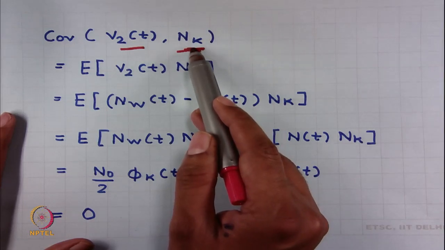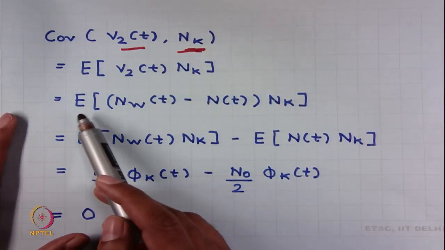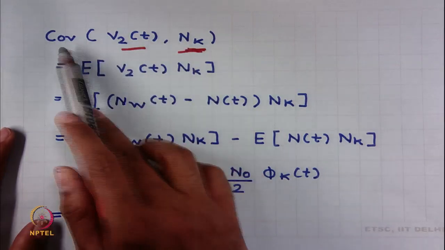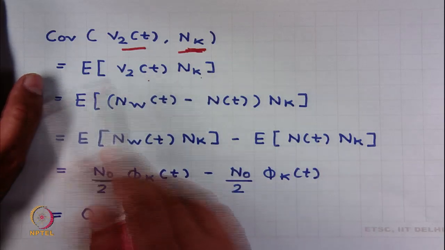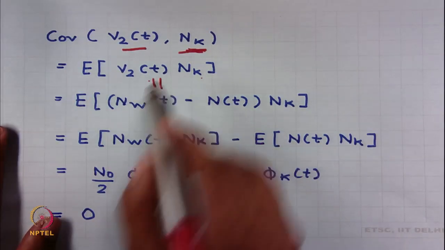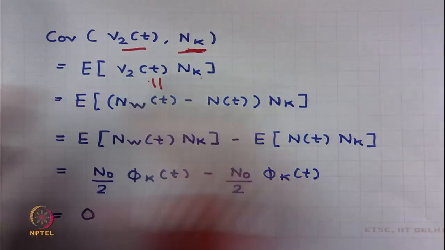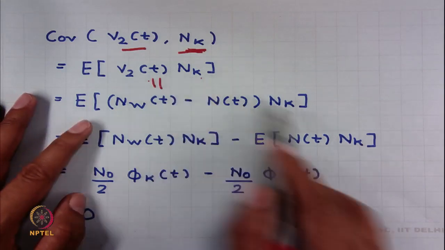To do that, let us look at the covariance of V2(t) with this n_k, and because both are zero mean, I can simply think about this covariance as the expected value of V2(t) times N_k. Then I can expand on this V2(t). V2(t) is nothing but the total white Gaussian noise minus the white Gaussian noise present in the finite dimension, and we know what is N_k.